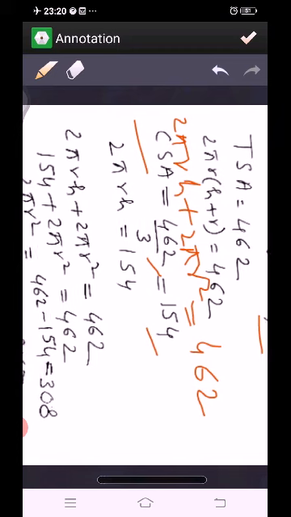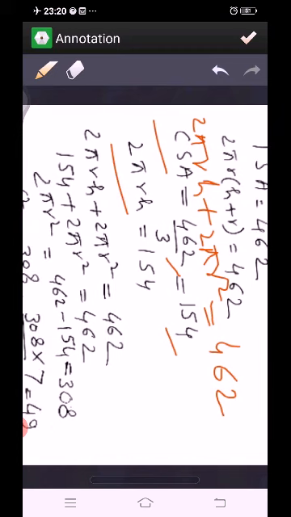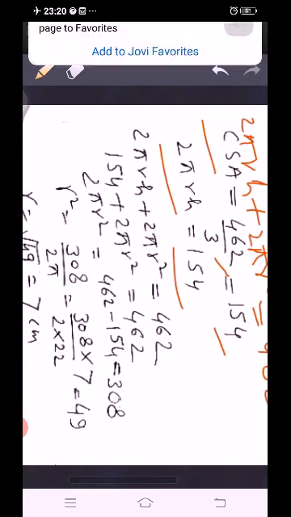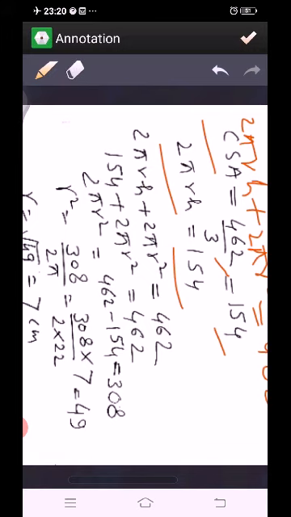We know that curved surface area 2 pi r h is equal to 154. Now we know that total surface area is 2 pi r h plus 2 pi r square equal to 462. Value of 2 pi r h is 154. So 2 pi r square equal to 462 minus 154.